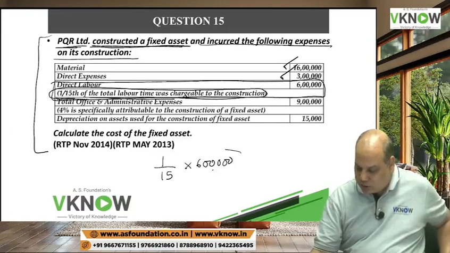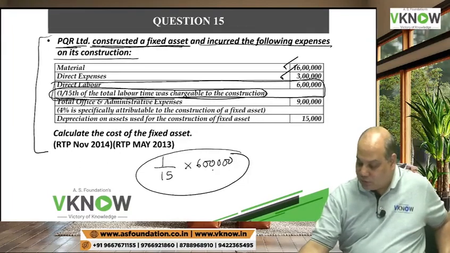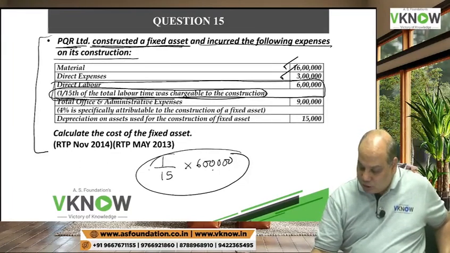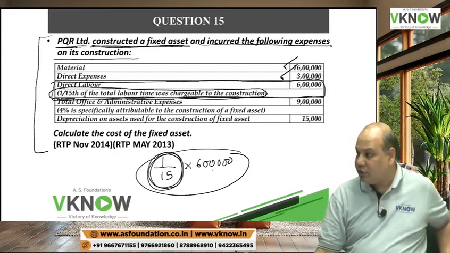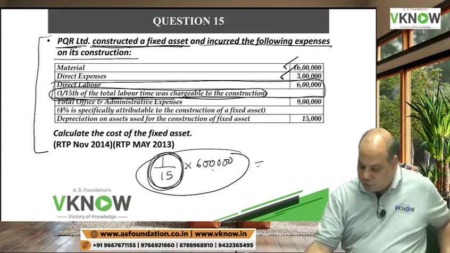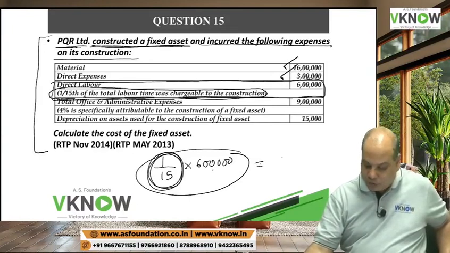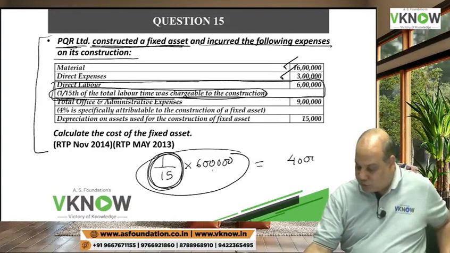Oh my God. Some student in a hurry will take 6 lakh. You have to take only that portion of the total wages which is related to construction activity. So 1 by 15 into 6 lakh comes to 40,000.